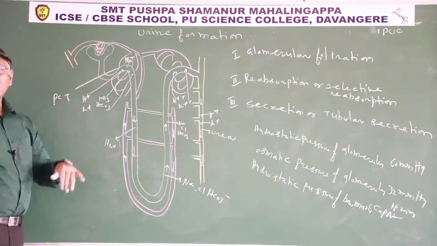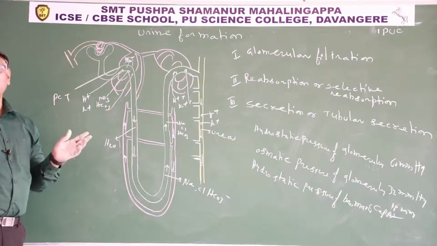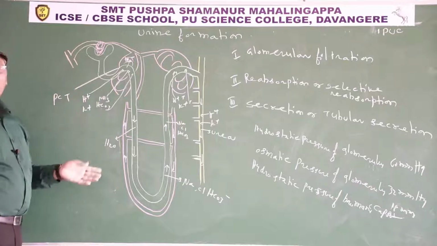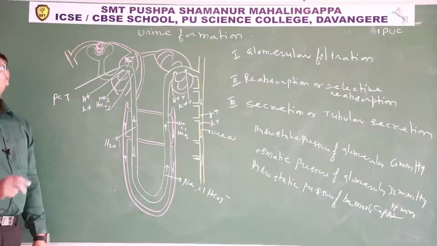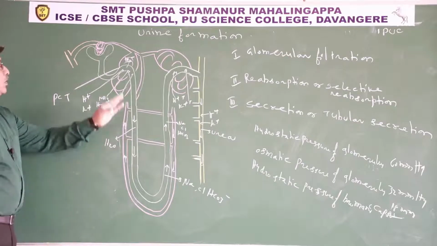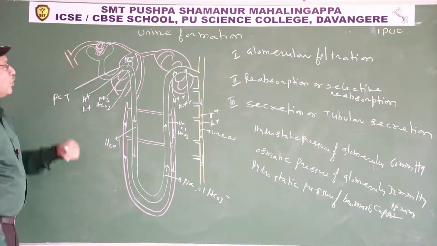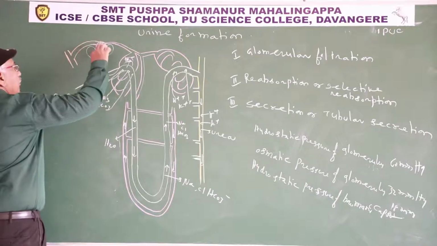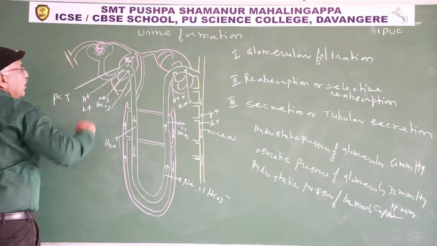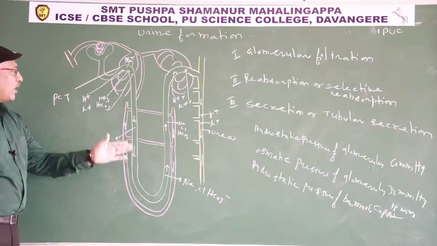That's why not all substances are filtered from the glomerulus. Micromolecular substances, nutrients, proteins, plasma proteins never escape into the lumen of Bowman capsule. Per minute 1100 to 1200 ml of blood enters and leaves the glomeruli, not of one nephron.